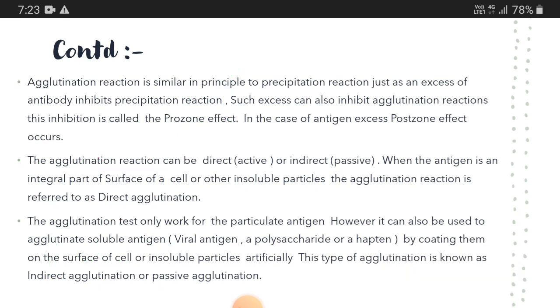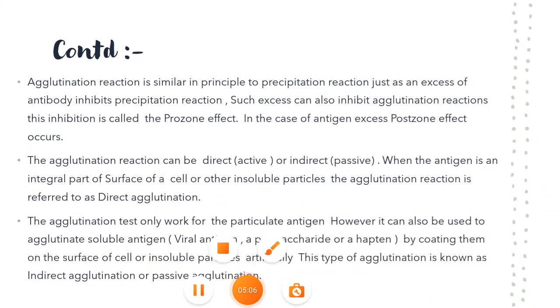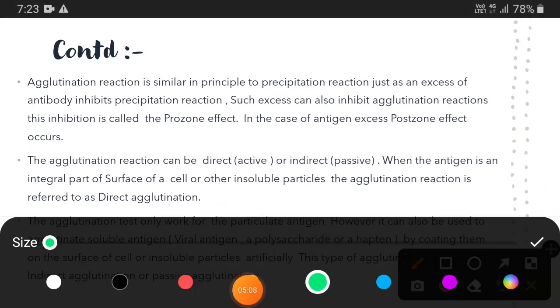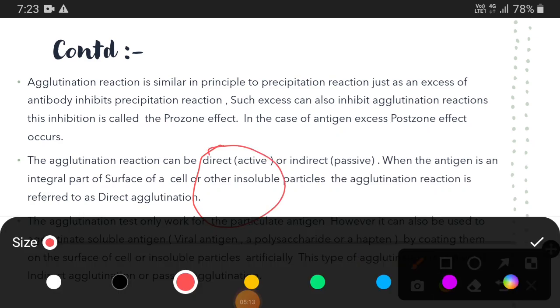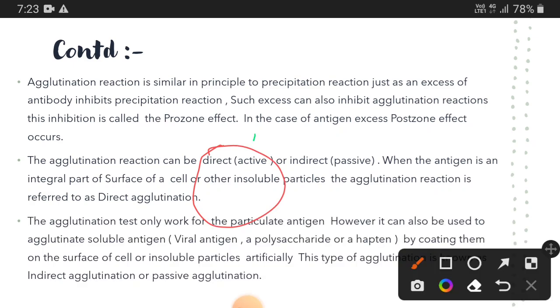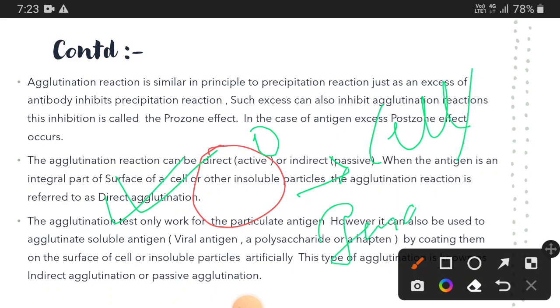But in case of indirect agglutination, our antigen is coated on the surface of the cell or insoluble particle, and then agglutination of that soluble antigen is performed.